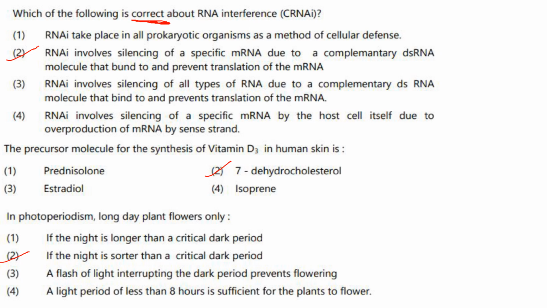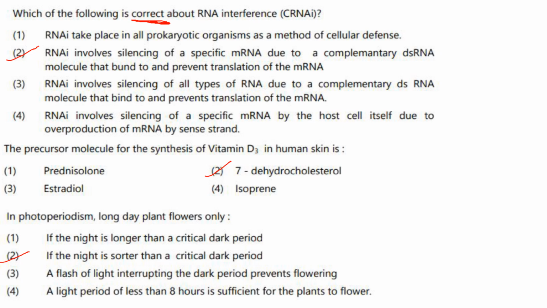If you create a sequence complementary to that, this double-stranded RNA will prevent the translation of the specific mRNA. Third one, RNAi involves silencing all types of RNA. That is not correct. It is specific to mRNA. RNAi involves silencing of a specific mRNA by the host cell itself due to the overproduction of mRNA, that is not correct.